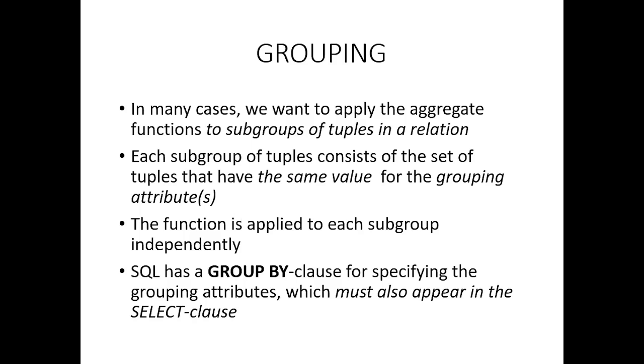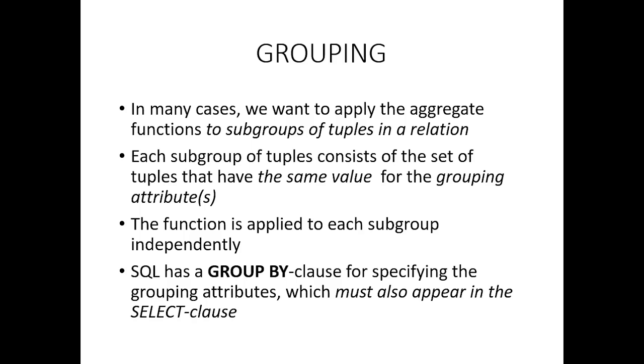And we have this grouping also. Grouping is used to create subgroups of tuples before the summarization. In many cases we want to apply these aggregate functions to subgroups of tuples in a relation, where the subgroups are based on some attribute values.